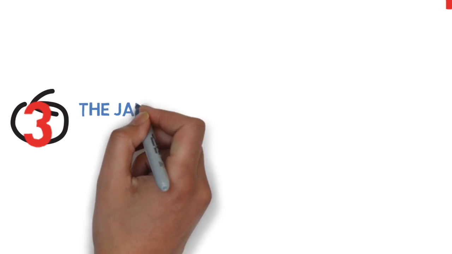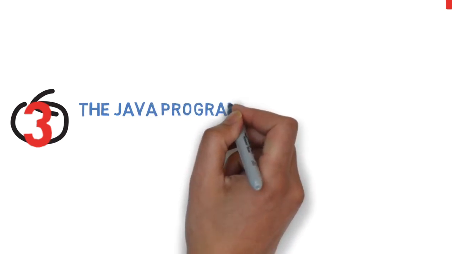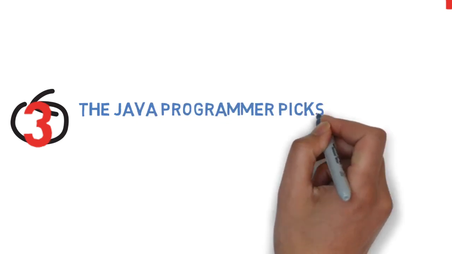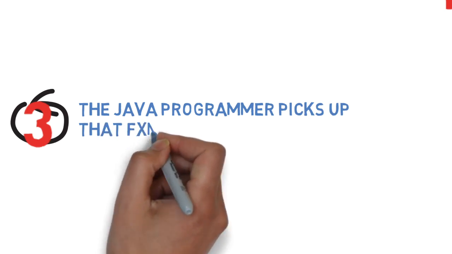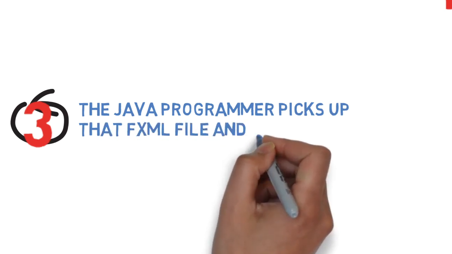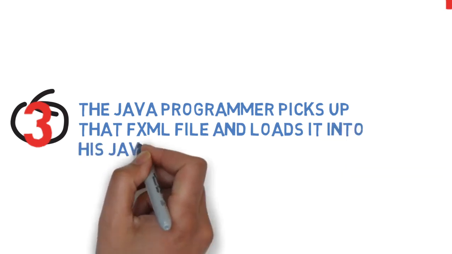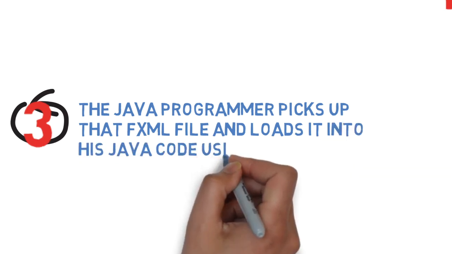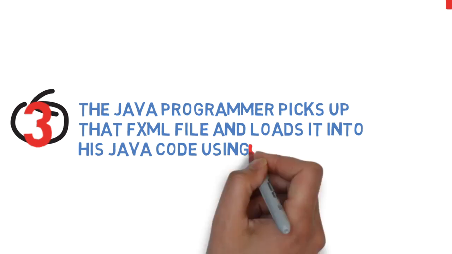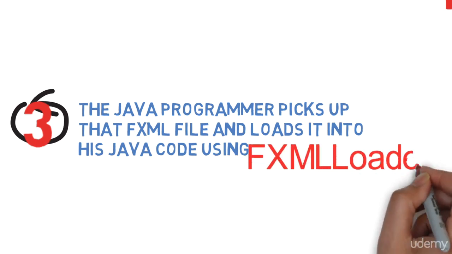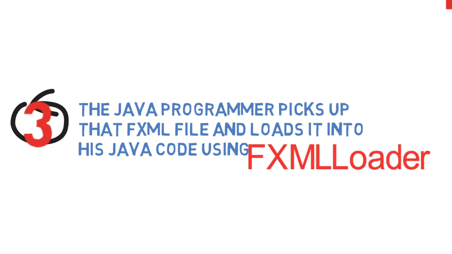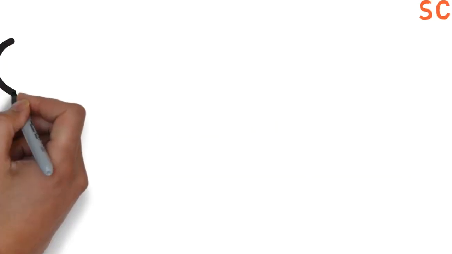Step 3 involves the Java programmer. He picks up that FXML file and loads it into his Java code using FXML loader. If you remember what we'd mentioned earlier in this class, FXML loader actually instantiates Java objects from this FXML file. Each tag in the XML represents a Java object or its attribute.